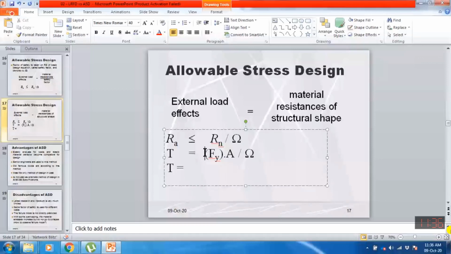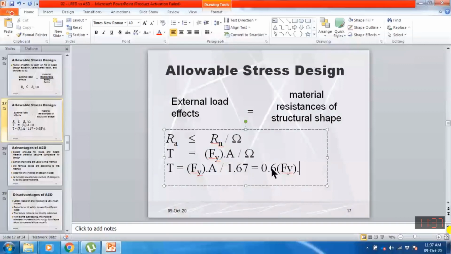So we use a factor of safety of 1.67 in ASD. If the cross-section area is constant, I can also write this equation like this: 1 divided by 1.67 is equal to 0.6, so 0.6 into Fy into area.